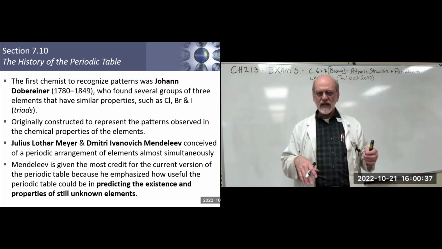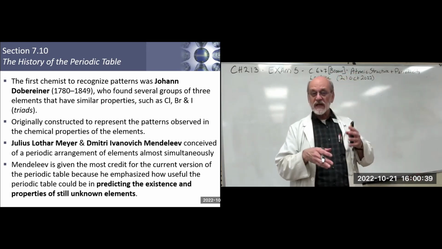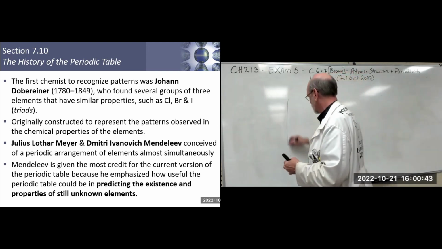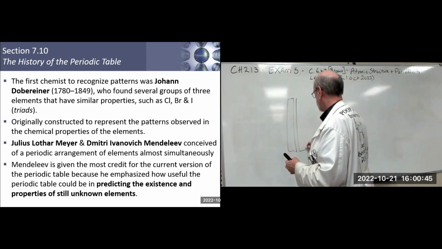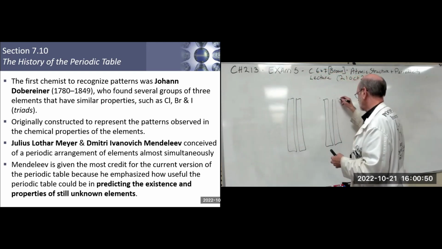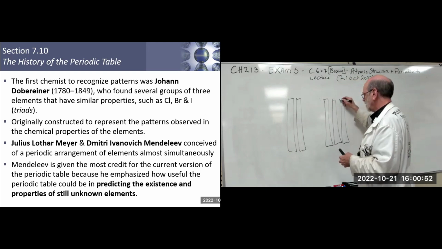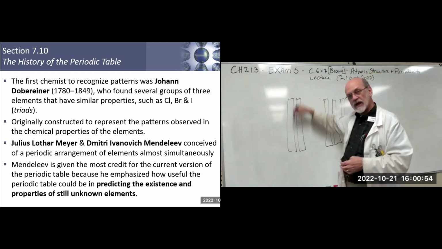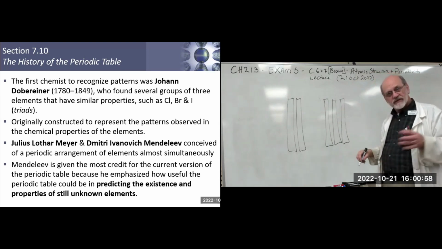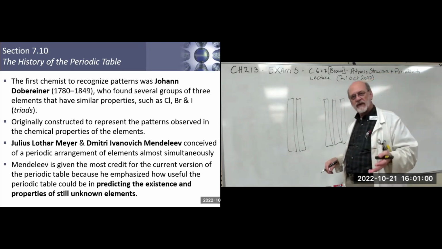But they noticed this family arrangement, and these elements all had similar behaviors, similar properties. They weren't exactly the same. They were family members. Right?